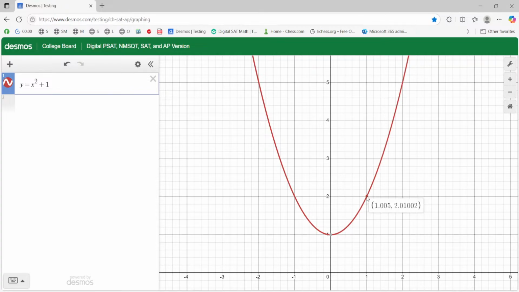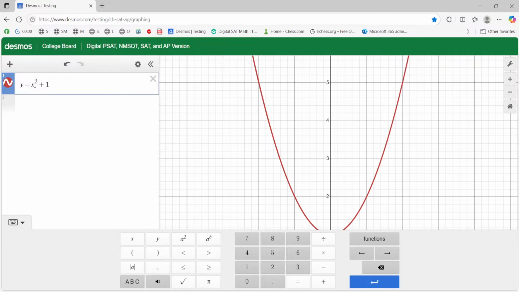Even now you can substitute. You can see the function on the left side here. When we substitute x equals 1 as an input, we are getting y value as 2. 1 square plus 1 equals 2, you are getting, right?